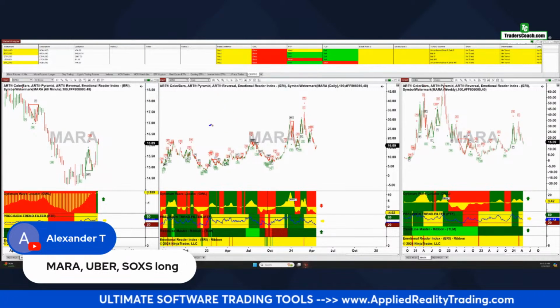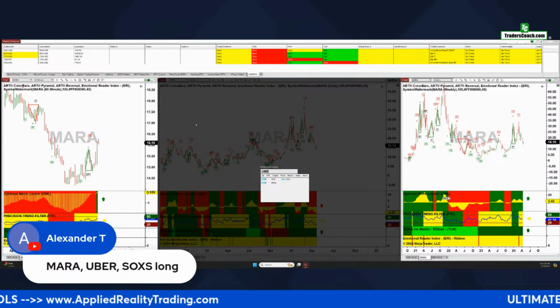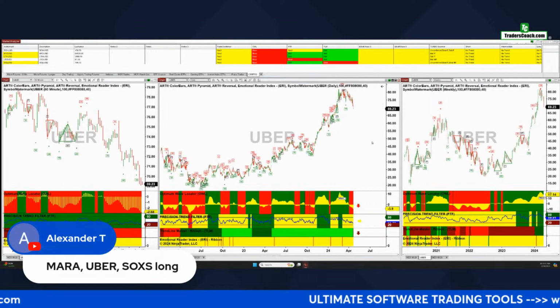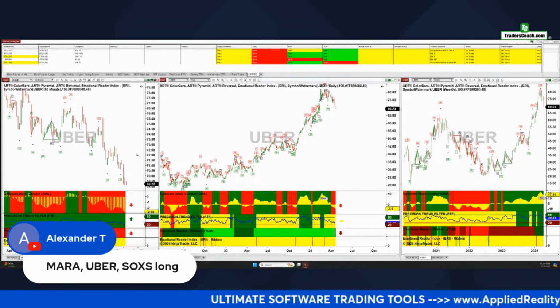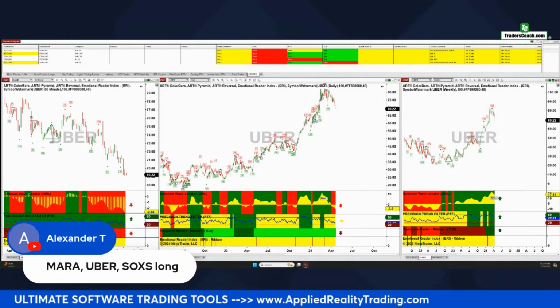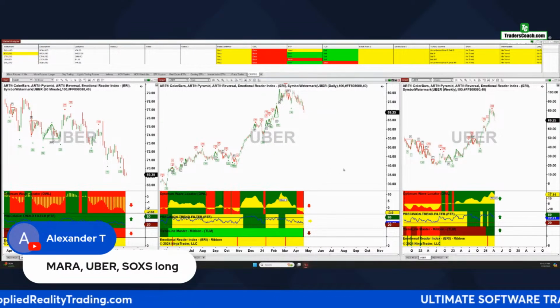All right, let's take a look at Uber. Okay, long on this one. Again, I think long term you're fine, because look at the weekly chart. Short term, you would have been taken out already with the pyramids long ago. Okay, so now you're going down.